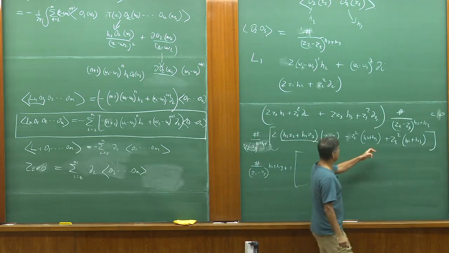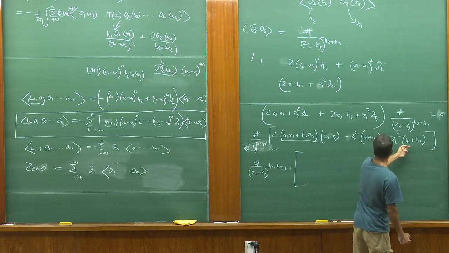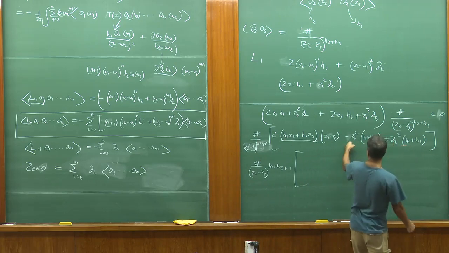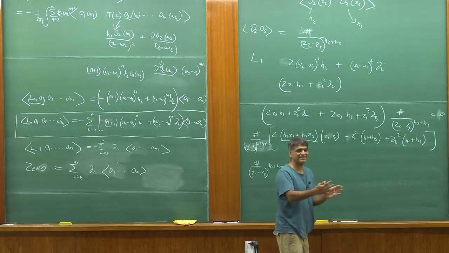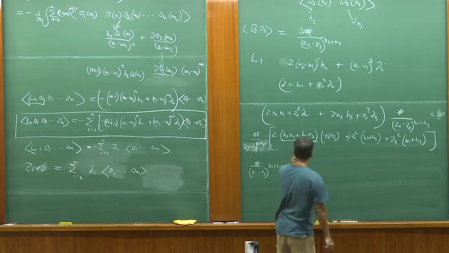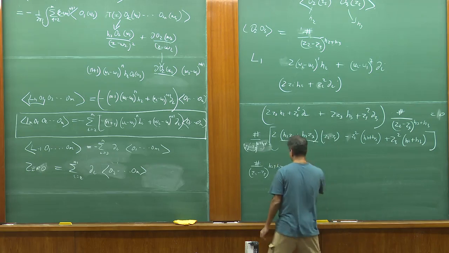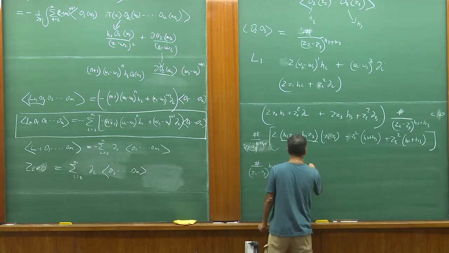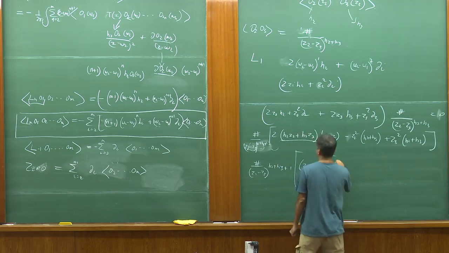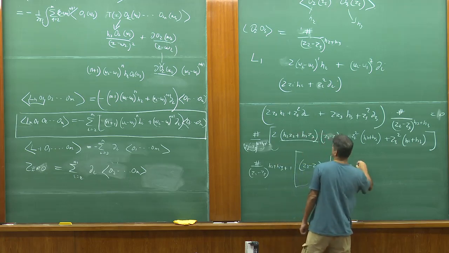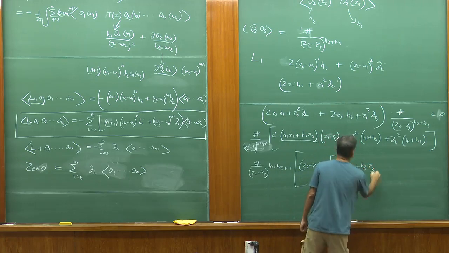And now this guy is z3 squared minus z2 squared. So it's (z3 plus z2) times (z3 minus z2). So we get an extra factor of z2 minus z3 times [2h2z2 plus h3z3].